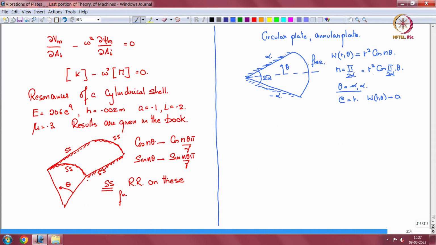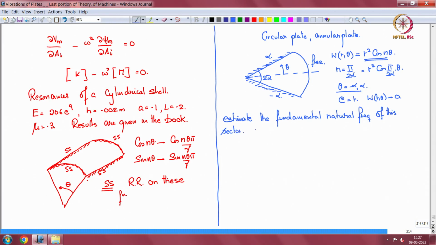Okay. So you could use this function and estimate the fundamental natural frequency of this sector. Okay.